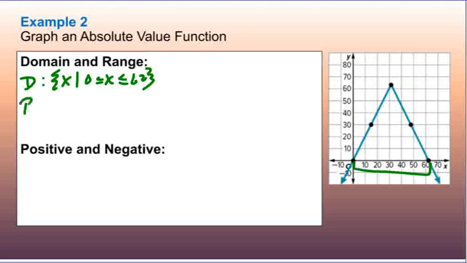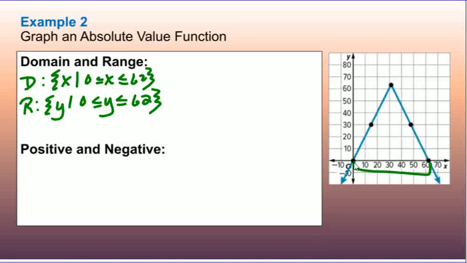And the range, y such that y has to be greater than or equal to 0, but less than or equal to 62. And then the relative distance we would have, it just means it can't have negative values in here.